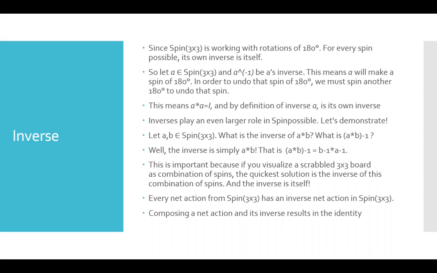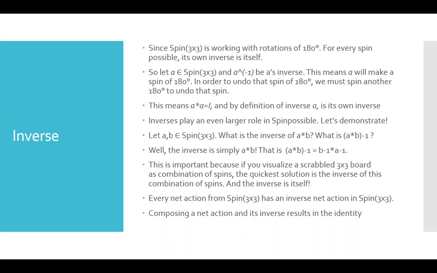If we think of every spin as a symmetry rotation of 180 degrees, it becomes clear that a rotation of 360 degrees would be needed for the identity. So in order to create the inverse, we must spin whatever rotation we've done twice. That means for every A that is an element of spin 3 by 3, A star A will equal I, the identity. Or in other words, A is equal to A inverse.